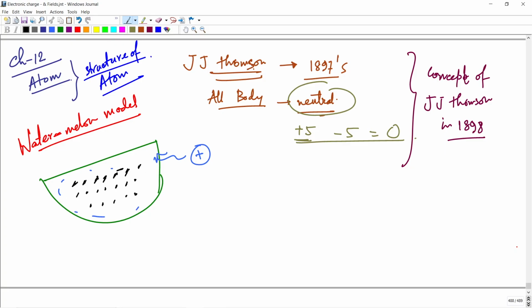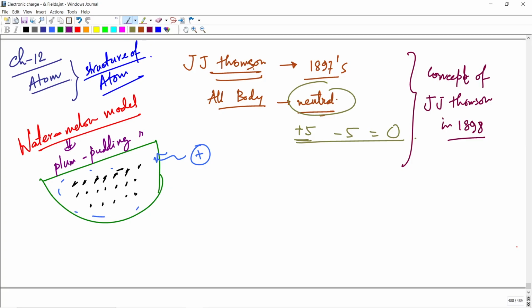It studies the distribution of electrons, the negative charge, and the positive charge. That is the watermelon model, which is the plum pudding model.